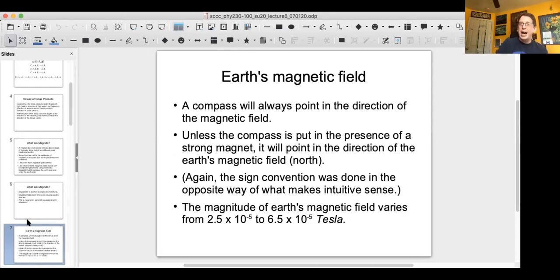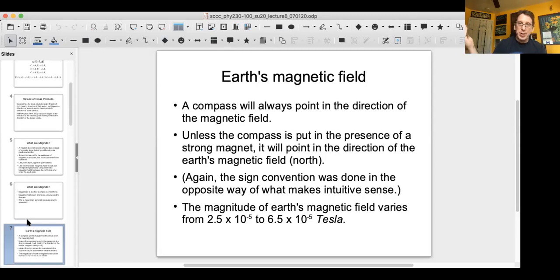So the most obvious magnet that we interact with on a daily basis is our own planet. The Earth has an iron core, and as a result, there's a magnetic field. So there are electrons moving within the iron core, and that creates a magnetic field. And so the compass always points north because the horizontal component of the Earth's magnetic field is northward.